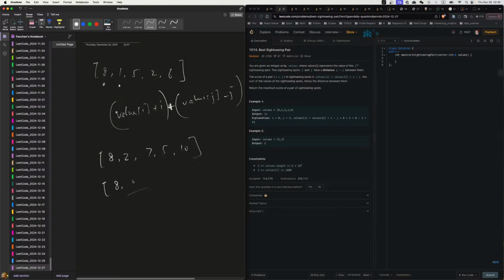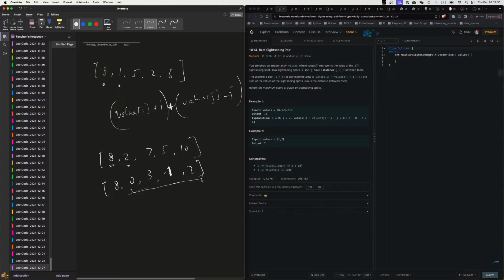So 1 minus 1 is 0. 2 minus 3. No, 3. This is 4, 2. Okay. So for each one on the first one, I need to find the maximum of this. For each one of this, I need to find the maximum of this. So I can go with the maximum from right to left.